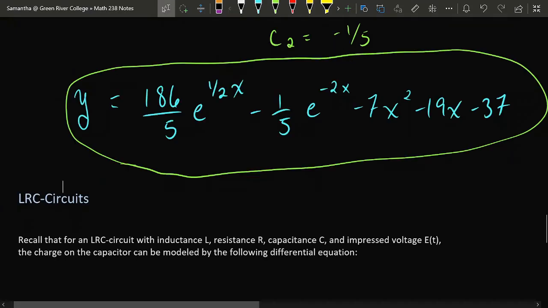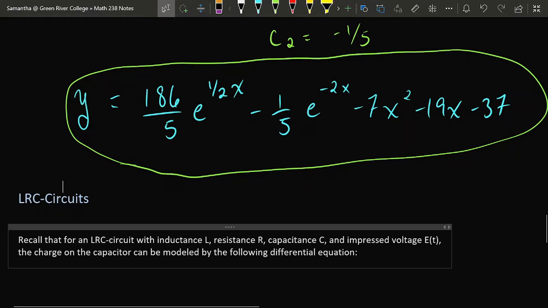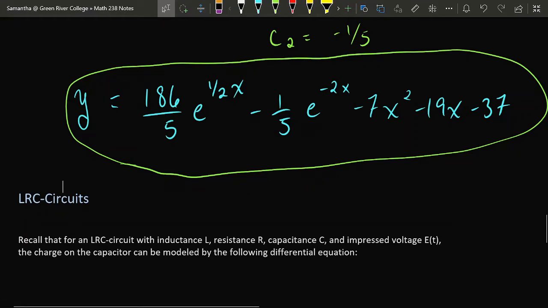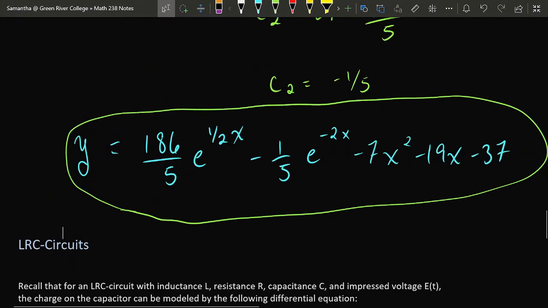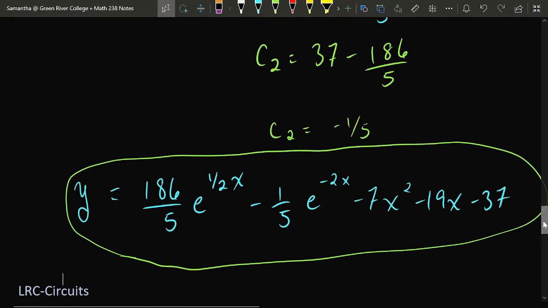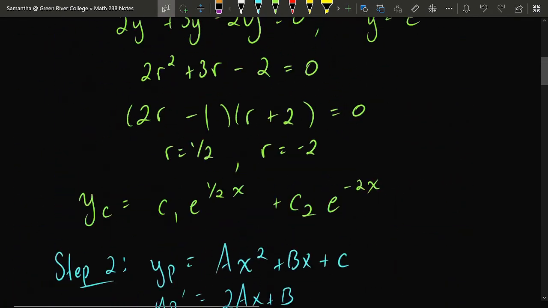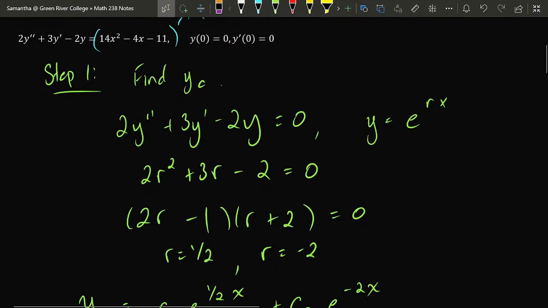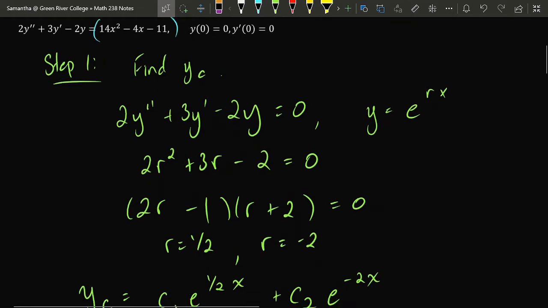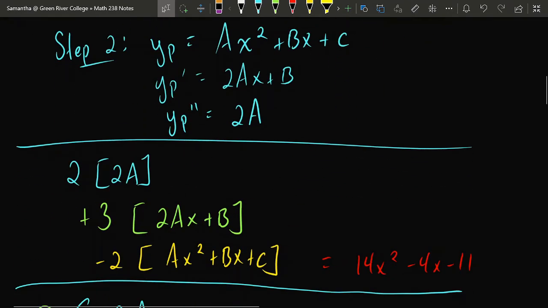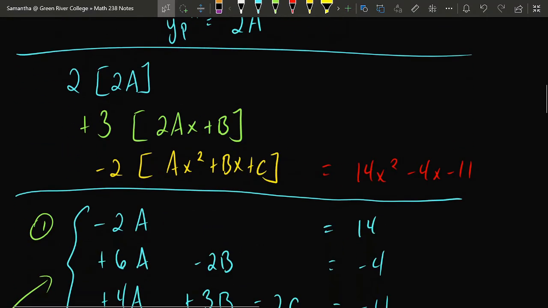Let's acknowledge the fact that as we solved this problem, we didn't actually do anything new. Everything that we have done here is stuff that we have done before. We have already plenty of times now solved a homogeneous constant coefficient ODE. We have already plenty of times now used the method of undetermined coefficients to locate a particular solution.